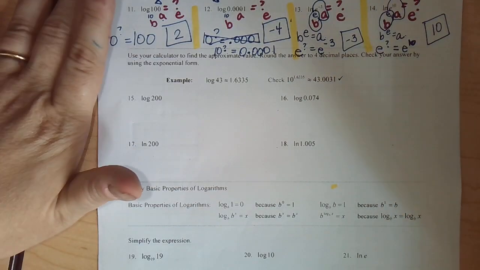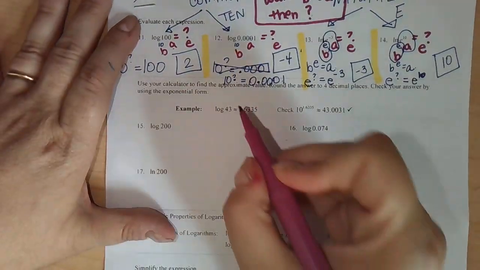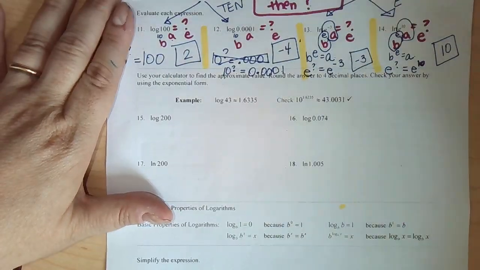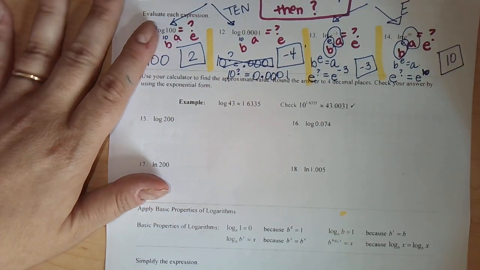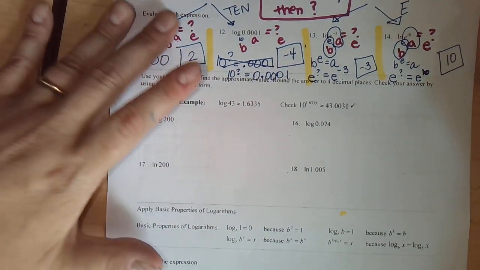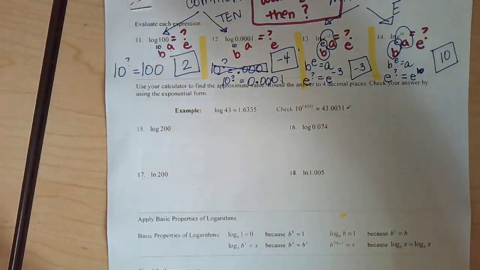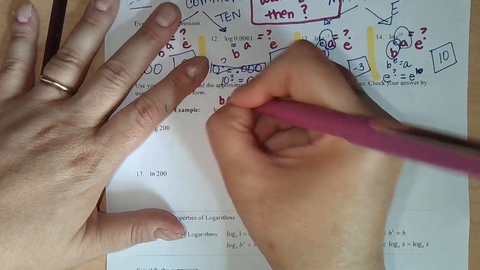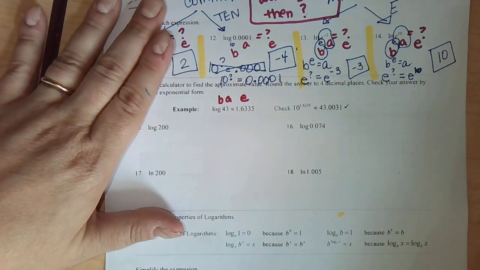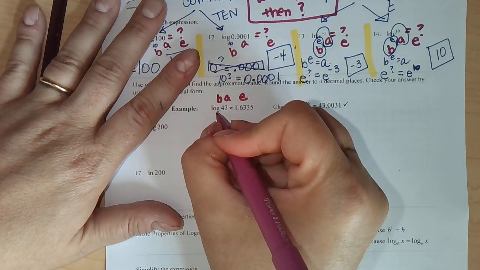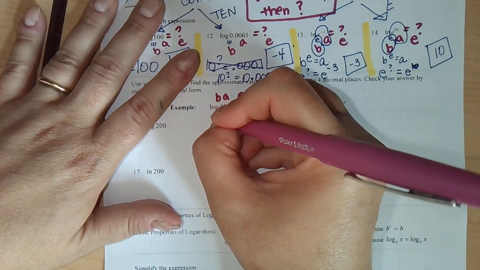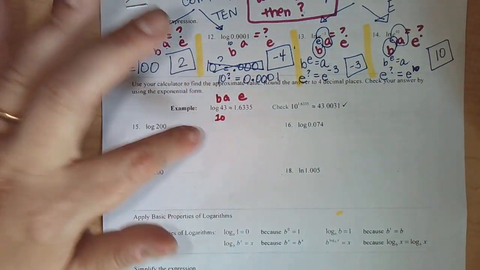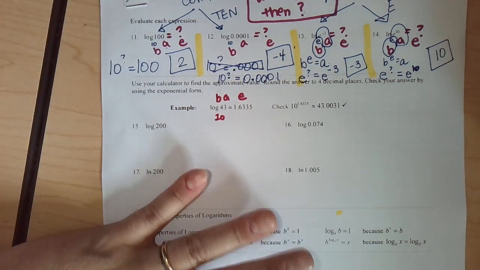Okay, this is just, they show you how to rewrite it, but you can also put it in your calculator. So if I wanted to do this the rewriting way, I could say, hey, log baby. And I could say, oh, this log is naked. He needs a 10 down there, because naked logs have 10s.